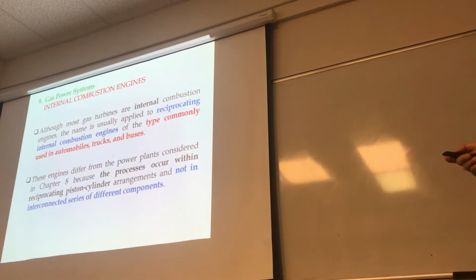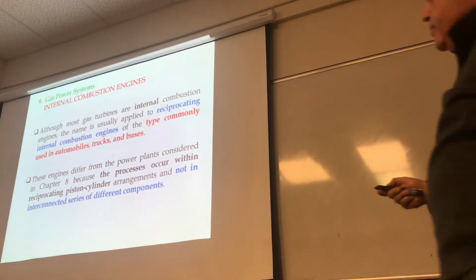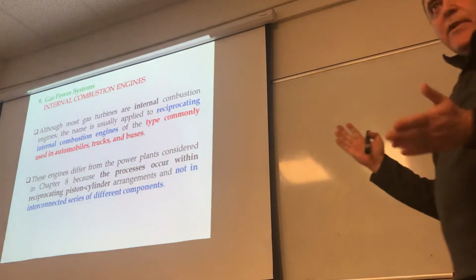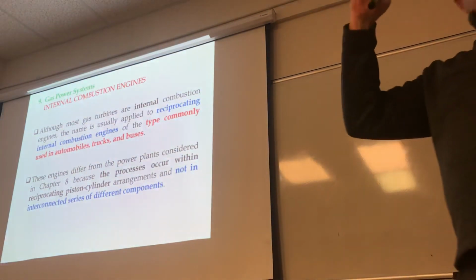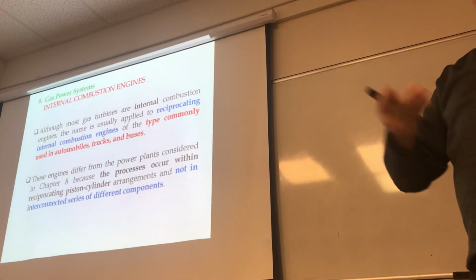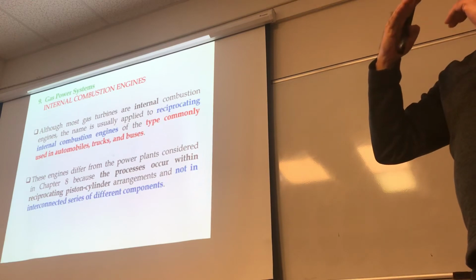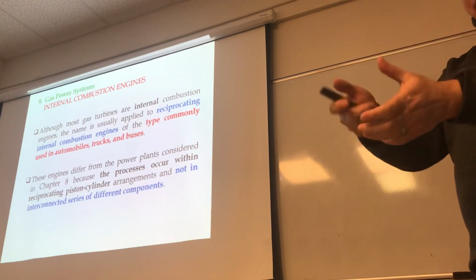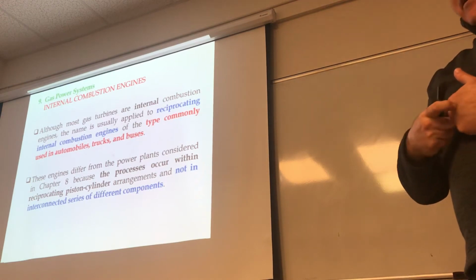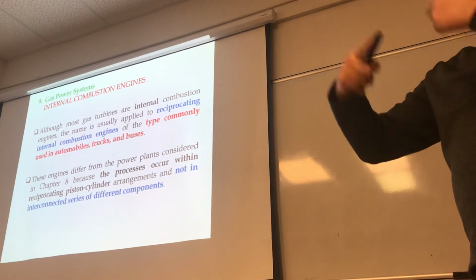Internal combustion engines of the type commonly used in automobiles, trucks and buses, okay? So what we'll be concentrating on in this part is a cylinder with a piston, and then you get a crankshaft and everything. Remember, the power is collected right at the crankshaft that is turning. You get a shaft that is turning there. And how is that work generated?